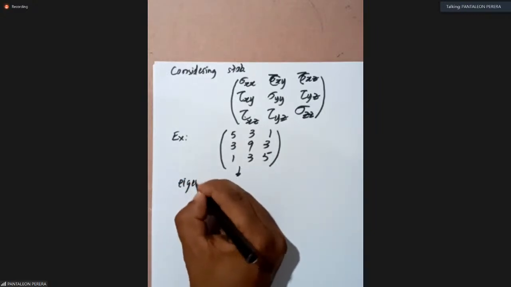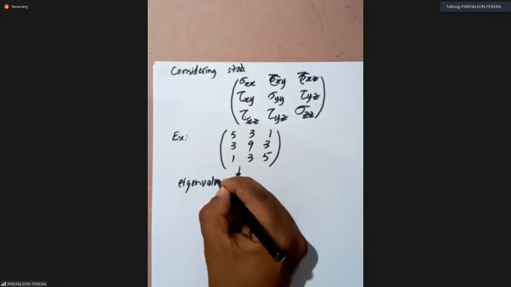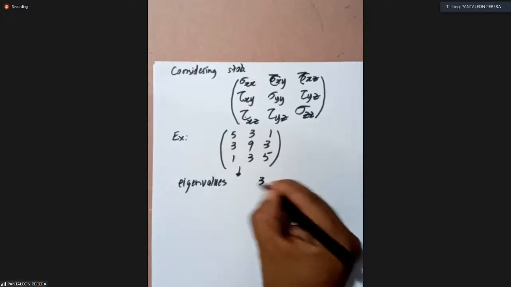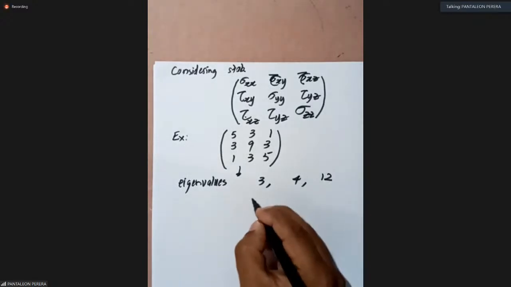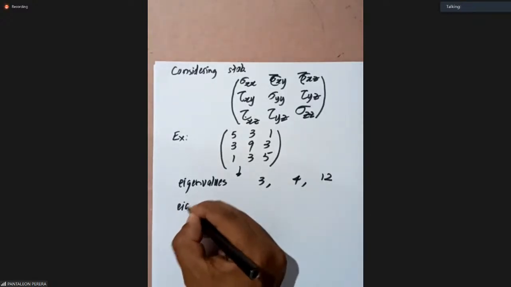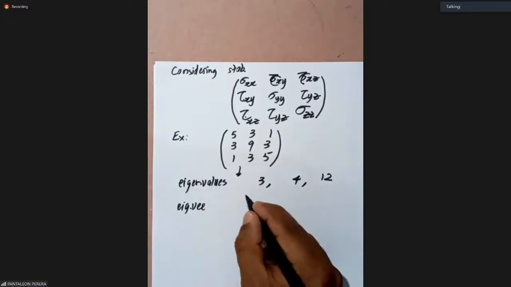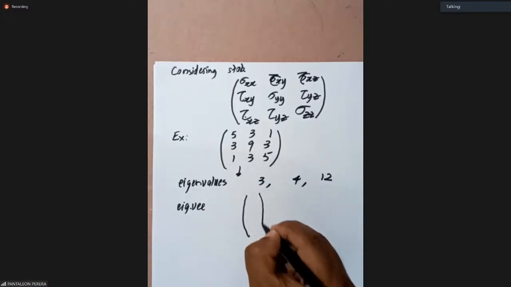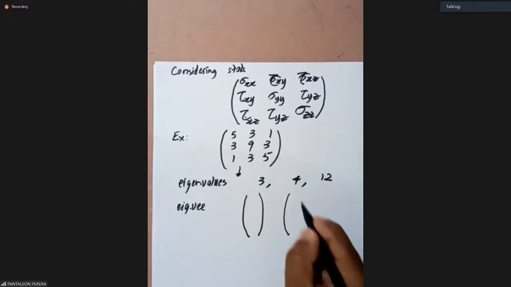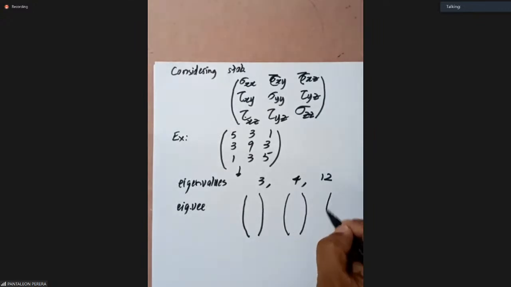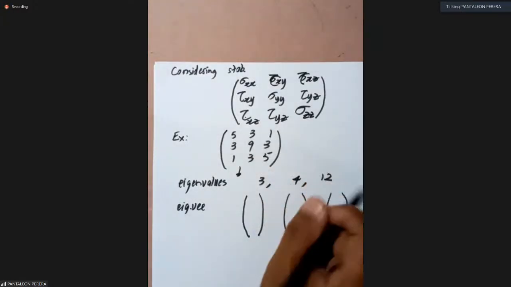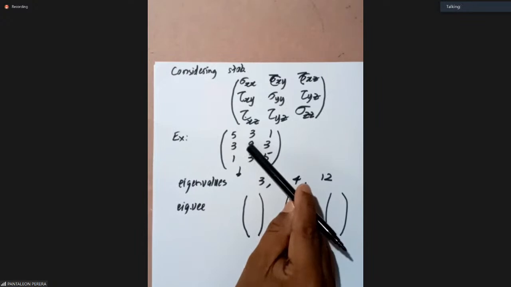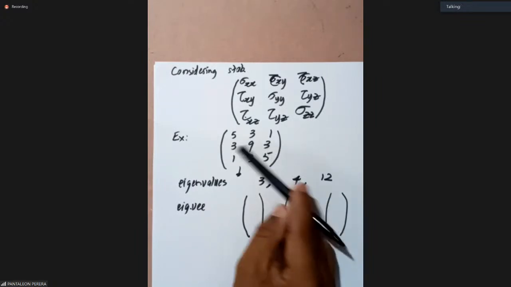You know how to find the eigenvalues now. I don't want to explain. Eigenvalues are 3, 4, 12. The eigenvectors. You see, 2, 1, 6, 3.